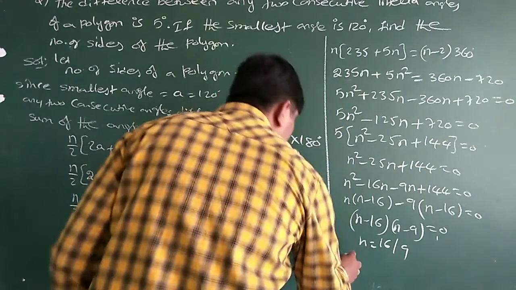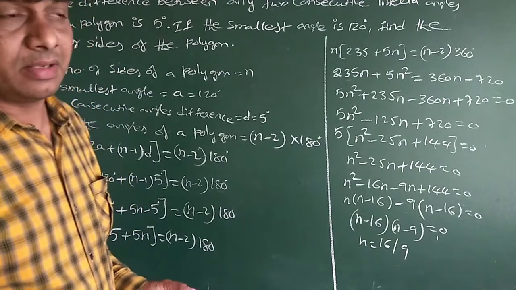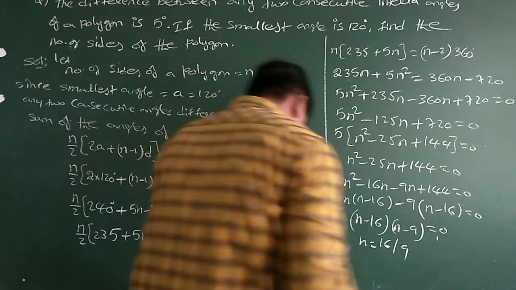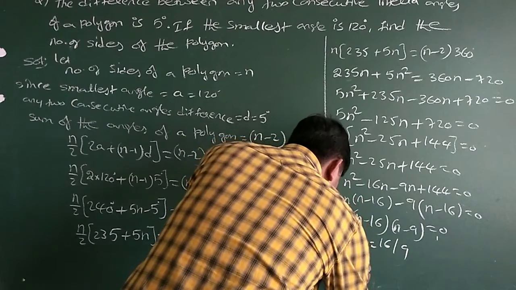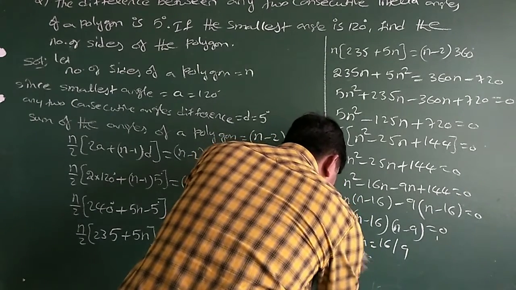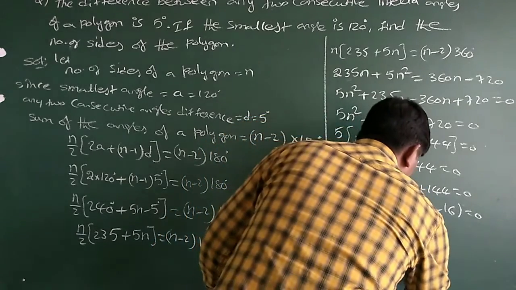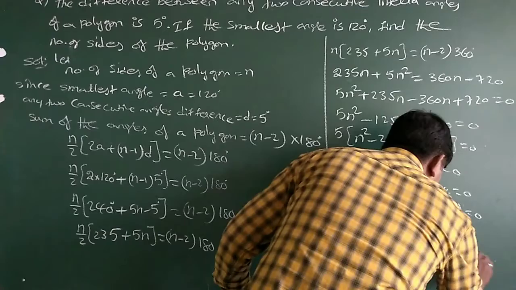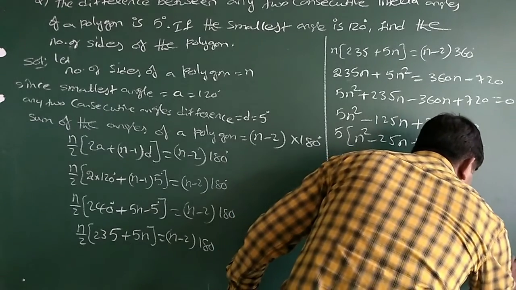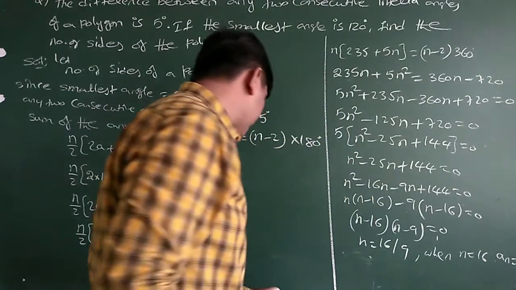If n is equal to 16, no polygon exists, since when n is equal to 16, then an is equal to 195, which is not possible.